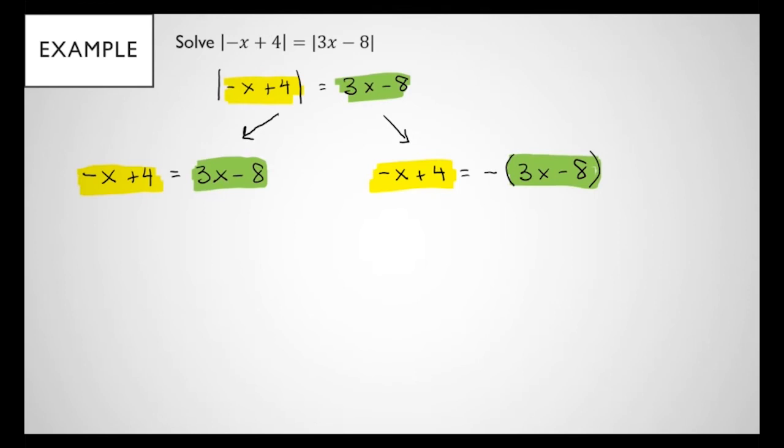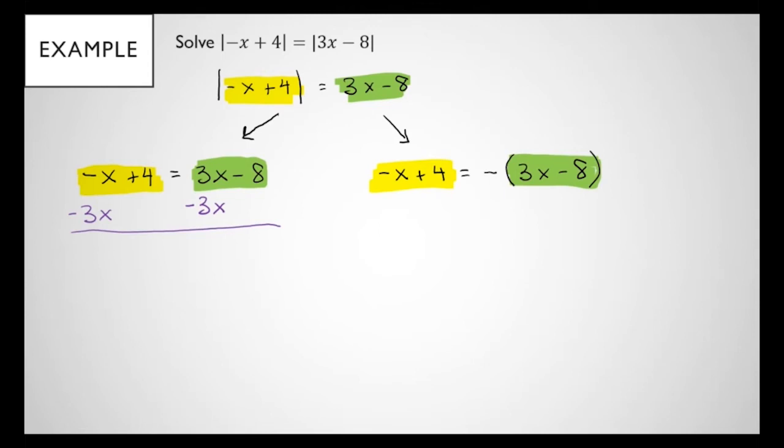I can move my x to the left, I can move my x to the right, but we usually put the x on the left. So I'm going to do that by subtracting 3x. I just always move my x's first before I move the numbers, so that way I can make sure my x's are where they are before I do anything else. That's just what I always do.